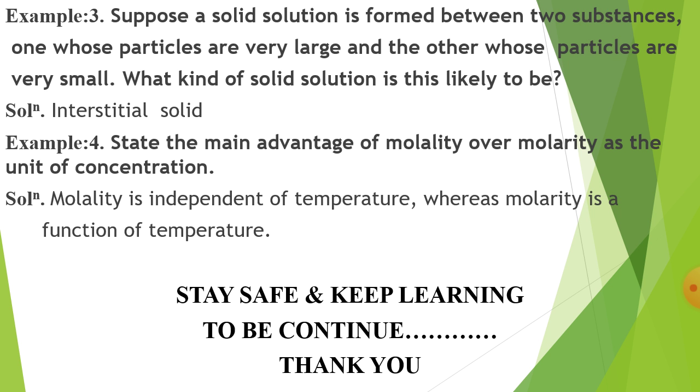I have told you solid solutions are of two types: one substitutional solid solution and second interstitial solid solution. In substitutional solid solution, the solution is made between two components having similar sizes, but in interstitial solid solution, the components have a large difference in size. Here also it indicates a large difference in size. That's why the answer is interstitial solid solution.